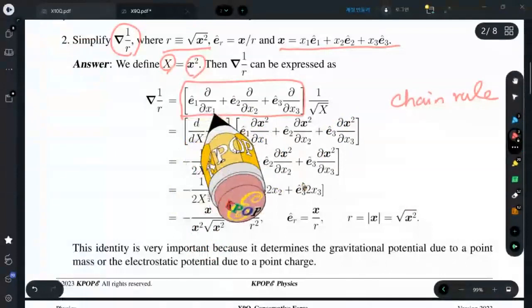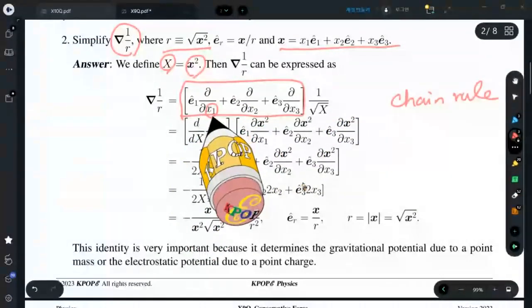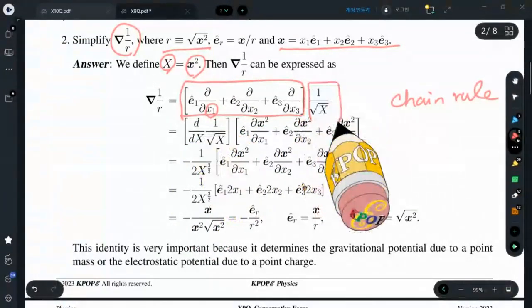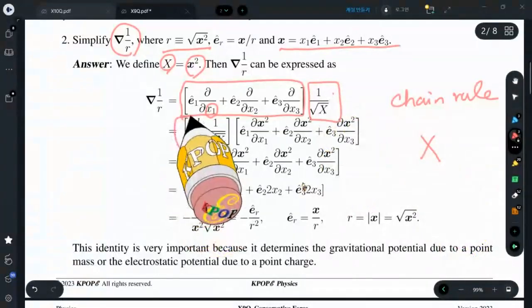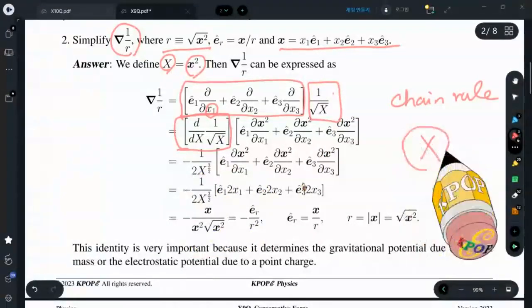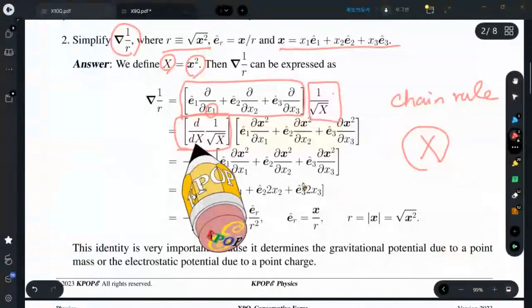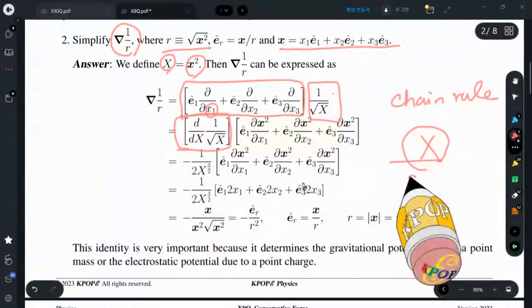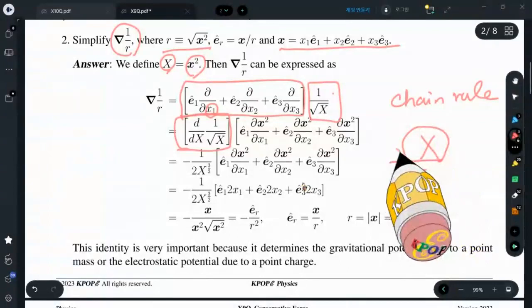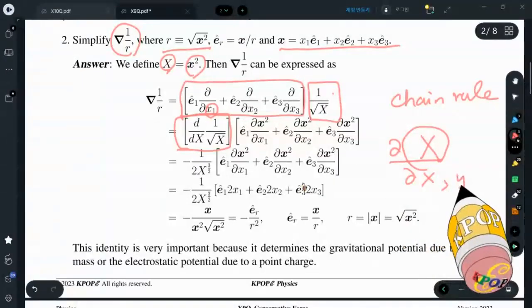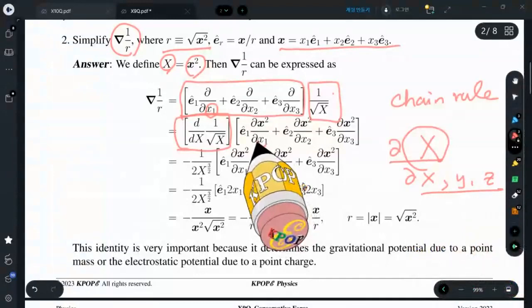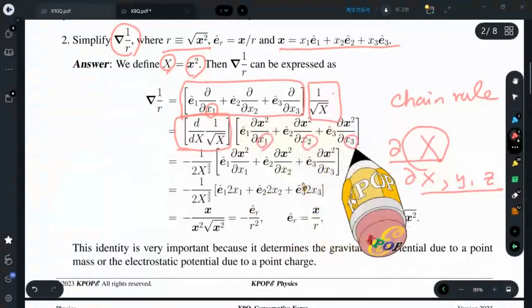Well, how? I would like to take the derivative with respect to x1, but this is a function of capital X. So I first take the derivative with respect to capital X, and then I take the derivative of capital X with respect to x and y and z.